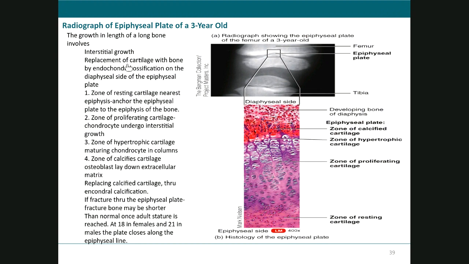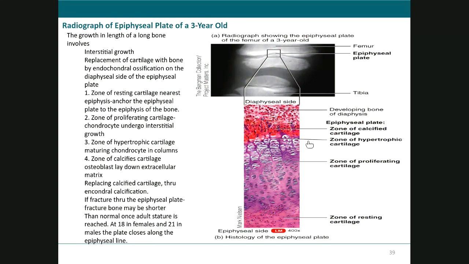So this is an example of how growth occurs in length. So that's the replacement of cartilage by bone by enchondral ossification on the diaphyseal side of the epiphyseal plate. Remember, we learned that this plate is that area of hyaline cartilage where growth is occurring in length. There's different regions. The zone of resting cartilage, which is near the epiphysis.